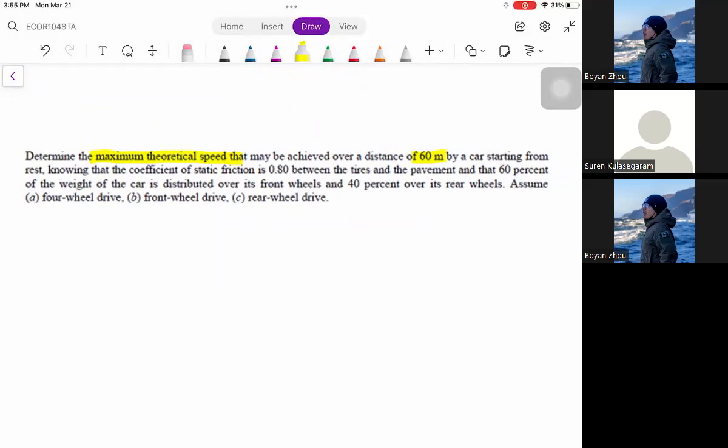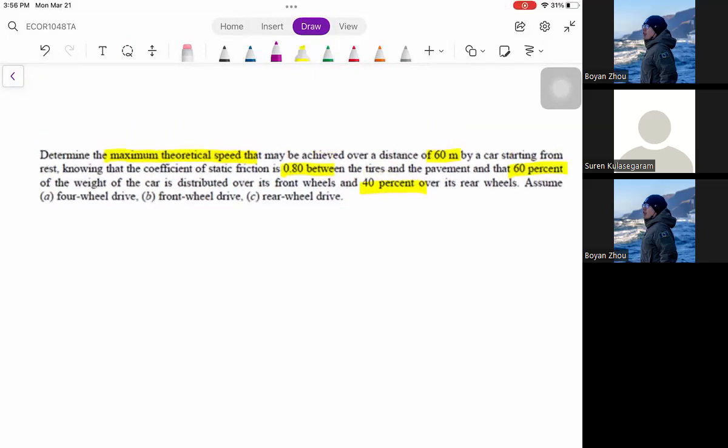We are given the friction coefficient of the tire and the road, that is 0.8. We also have the weight distribution of the car: 60% of the weight is at the front and 40% of the weight is at the rear.